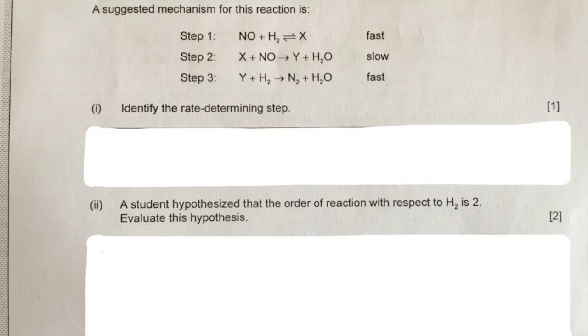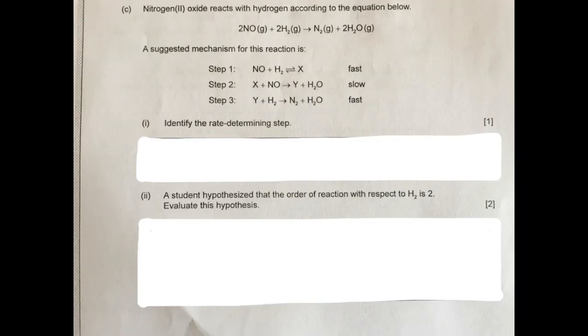But what about a reaction with three steps, where the first one is fast, the second one or the rate determining step is slow, and the third one is also fast? If you remember the principles from the last two examples going back to the previous lesson, then you would know that this equation here is a summary, and the rate law or the rate expression can only include reactants.